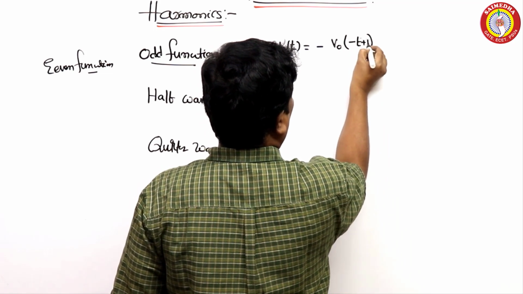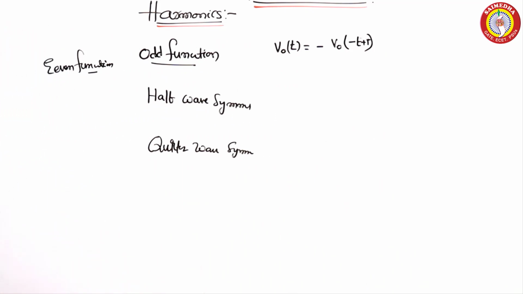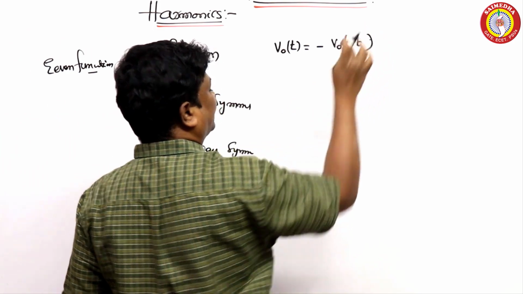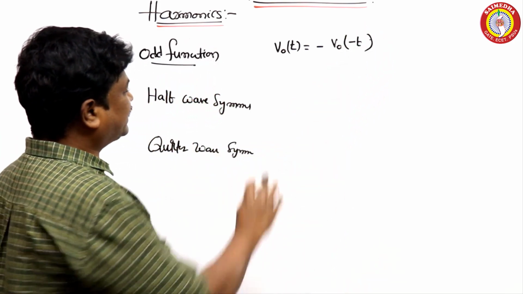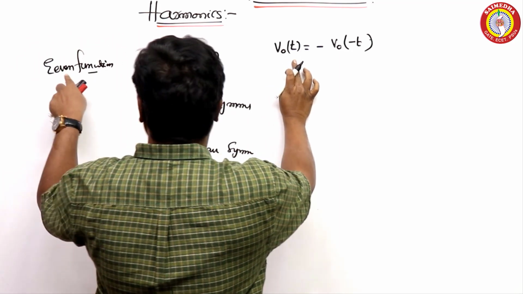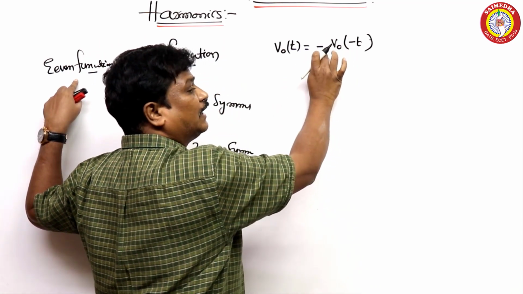You just don't require the capital T. V0 of t is equal to minus V0 of minus t. This is the condition for an odd function. If it is an even function, we don't have this negative value.